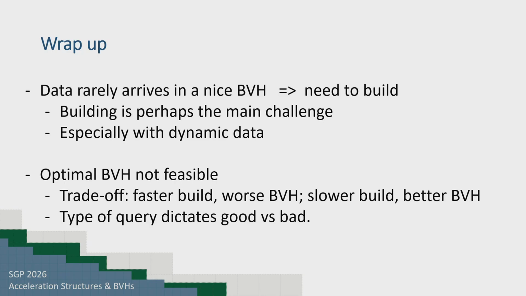You can sometimes even go further and specifically look at the queries that you are going to do. We had an example for this with the question as well: if you know that your queries are rays that are coherent, a different type of acceleration structure might be even better than a generic BVH. Although, again, I would say if you want to start something and you're not sure, start with a BVH.